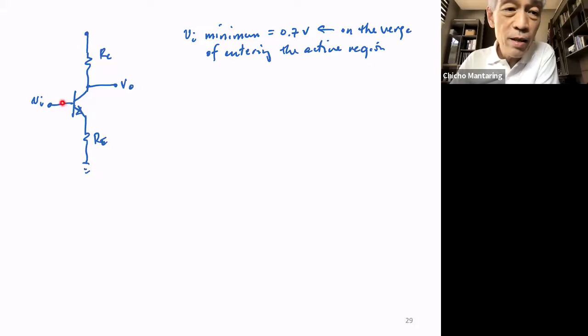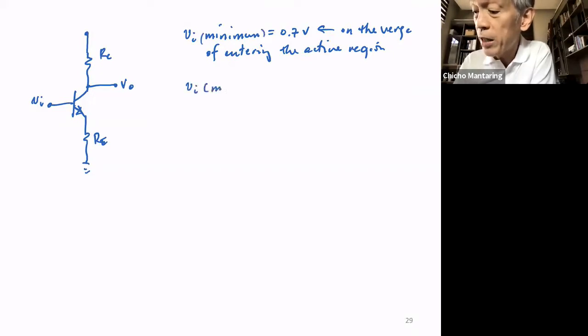You remember that this diode will only conduct if the open circuit voltage across the diode is greater than or equal to 0.7 volts. So yung VI minimum will be equal to 0.7. Now, what is VI maximum?